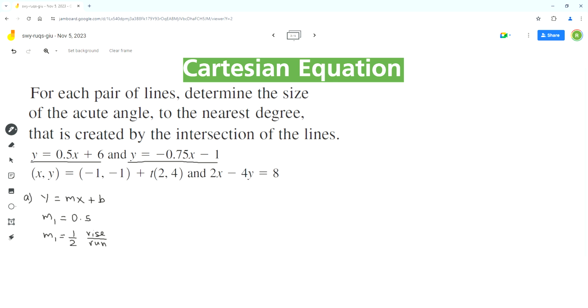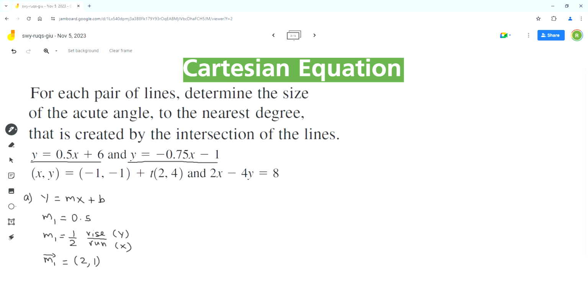Rise is in the y direction and run is in the x direction. So the direction vector of the first line is 2, 1. For the x component, we use the run value, and for the y component of the direction vector, we use the rise value. So this is the direction vector of the first line.